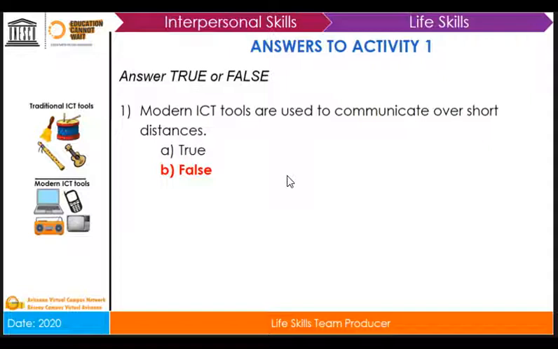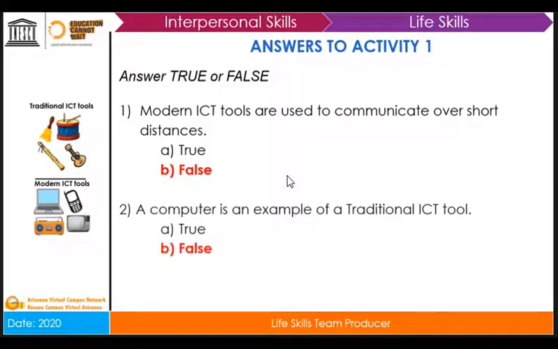The correct answer is false. Very good. 2. A computer is an example of a traditional ICT tool. The correct answer is false. Beautiful.